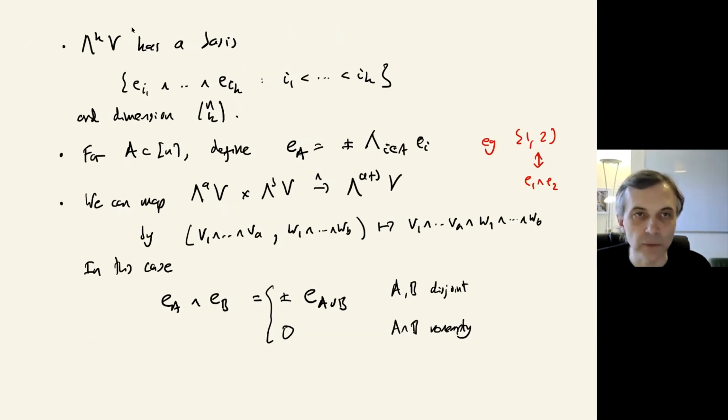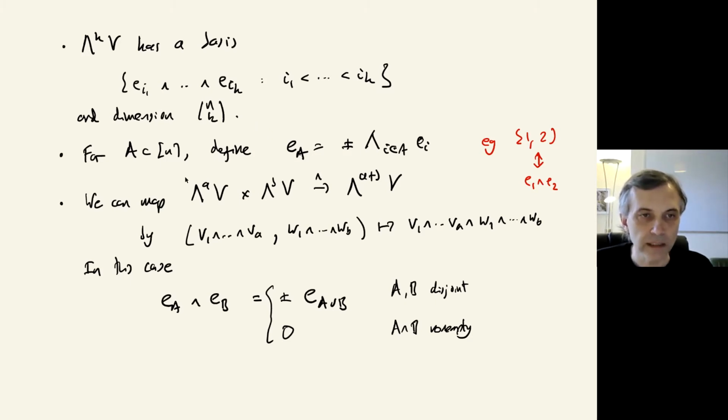That's what this first bullet says. The kth exterior power, so called because we're wedging together k things, has a basis: all the things you get by wedging together k distinct vectors from your basis. I'm choosing to have them in increasing order for convenience because the order does matter. The dimension is clearly then n choose k because it's just the number of choices of k out of n vectors.